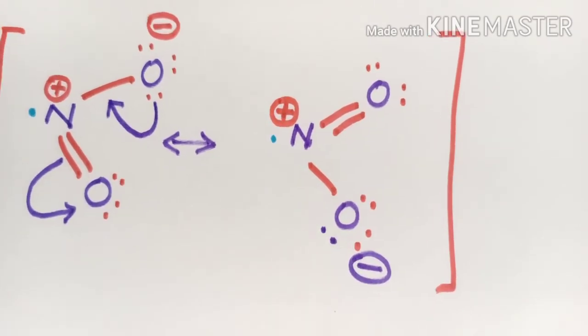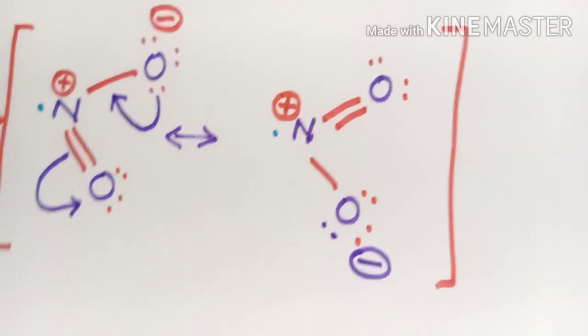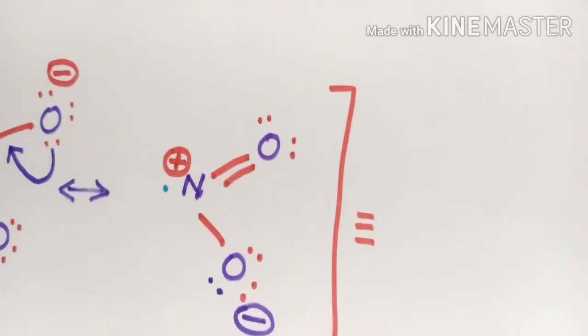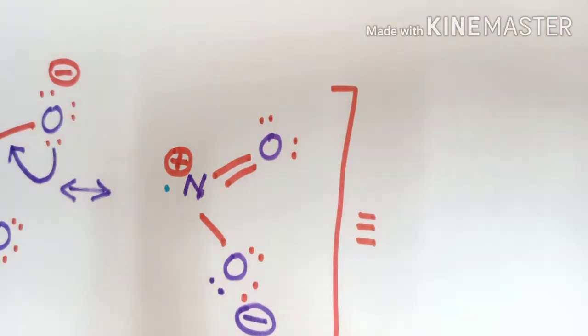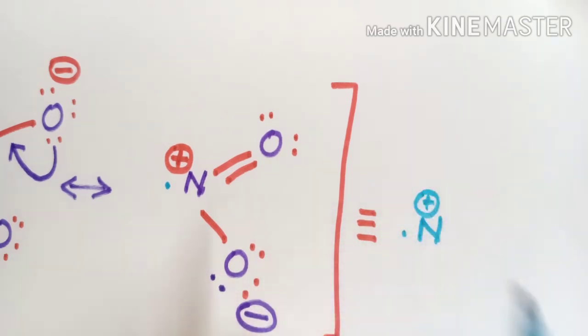A stability is attained, and the actual structure of nitrogen dioxide will have a resonating structure, or it is a resonance hybrid of two different structures, where it has nitrogen carrying a positive charge.